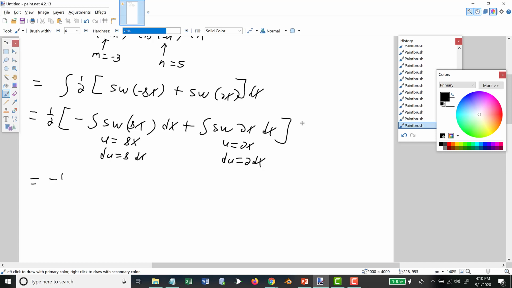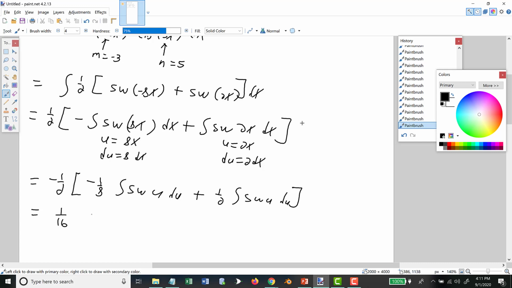Okay, so we got 1/2, and then I'll put a negative 1/8 out in front, and this becomes sine u du. Here I'll put the 1/2 out in front. Excuse me. And that's the integral of sine u du. Keep in mind those are different u's. So I'll multiply the negative 1/2 through as I do this. So I got 1/16.